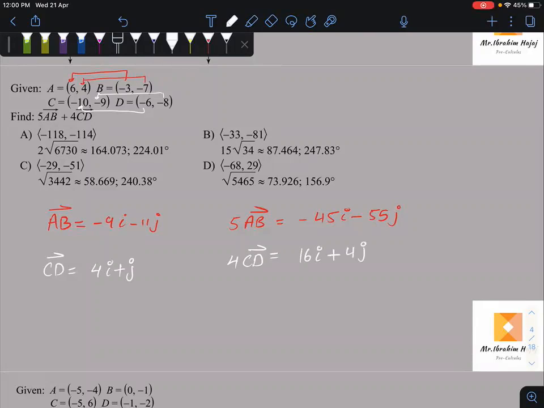The question is asking us here, guys, to find 5AB plus 4CD. We will add them together.